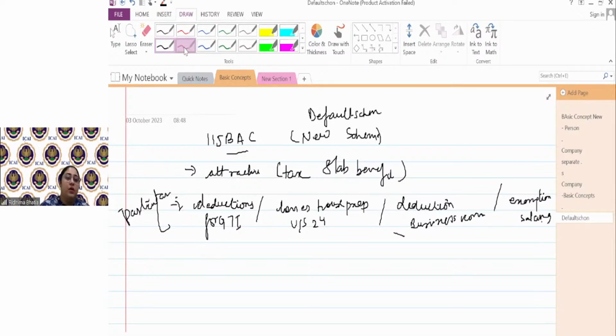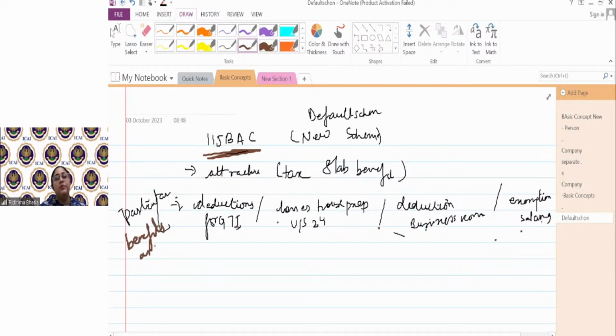But if you are following 115BAC, you would not be given the benefits of these. So these benefits will not be allowed. There are some restrictive benefits which are disallowed. That means your starting point of income would be the same under 115BAC and the old scheme.